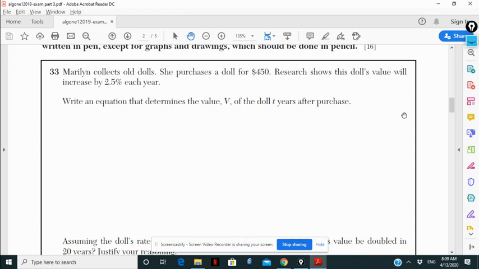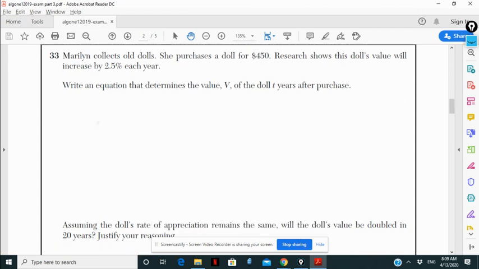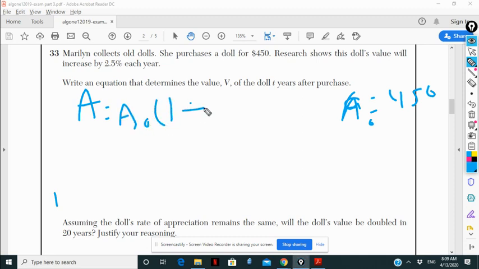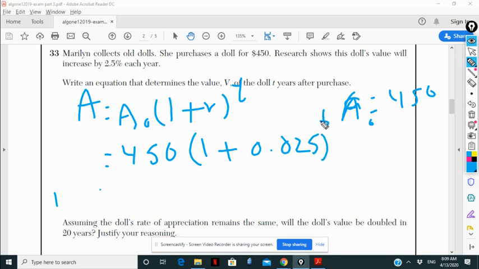So that's exponential growth. In that case, we have the initial amount A, which is 450. So A equals A initial times 1 plus R to the power T. So that's 450, and the R should be in fraction form, to the power T. So I end up with the formula 450 times 1.025 to the power T. Okay, I'm going to write it over there.